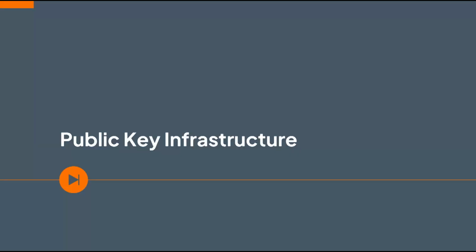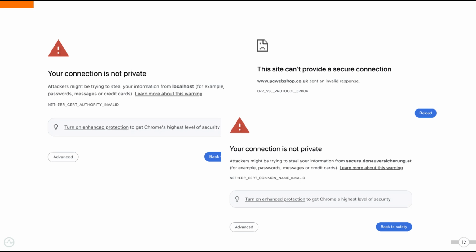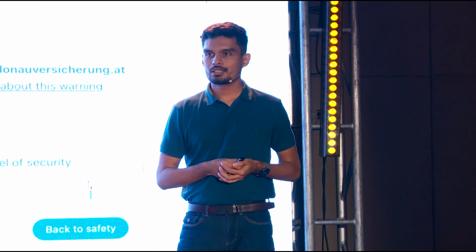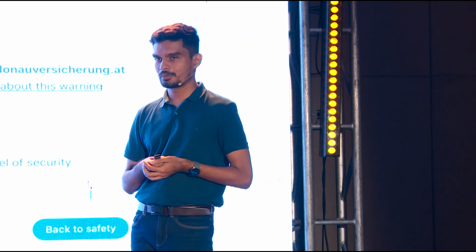So now we have the basic background knowledge. We need to talk about this topic, public key infrastructure. So I'm sure that almost every one of you has seen these screens. If you have tested our on-prem products, you should have seen this first screenshot I have used here. This is coming due to the self-signed certificates our products are using out of the box.